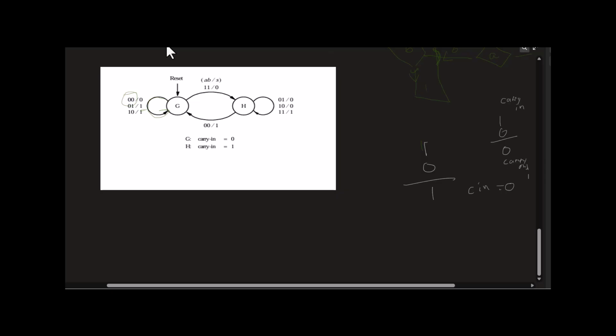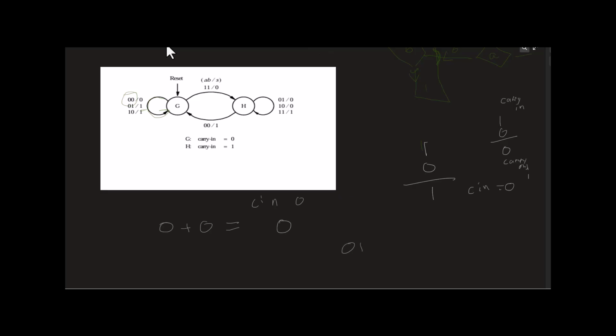So if I take two numbers, 0 plus 0, and I add them together, if my carry-in is 0, I get an output of 0. If my carry-in is 1, I get an output of 1. And so state G is saying your carry-in is 0.